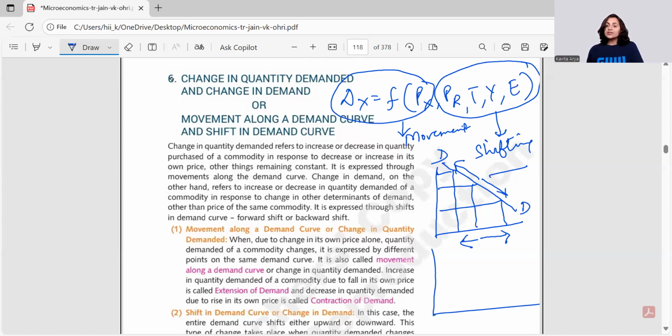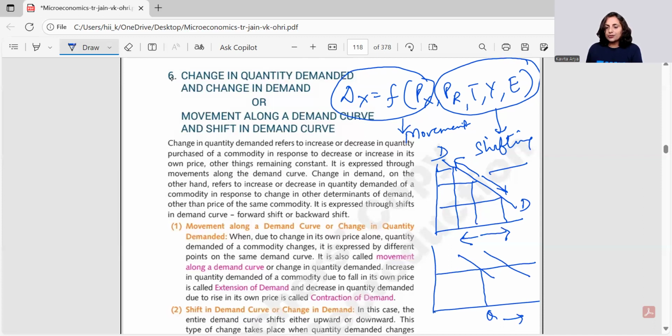But when we say shifting in the demand curve, the price remains the same. The demand may change from this demand curve to this demand curve. This is called increase. And when there is a fall, we say the demand has reduced from Q to Q double dash. Right. So such is the diagram of shifting.